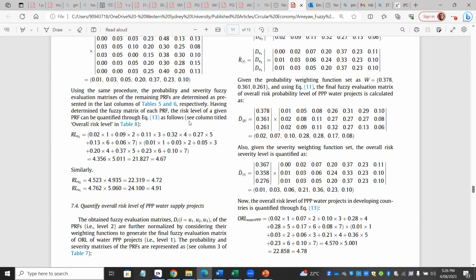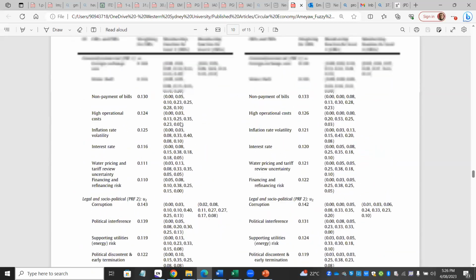Having determined the fuzzy matrix of each of them, the risk level of a given FRF can be quantified through the formula in equation 13 as follows. So equation 13.